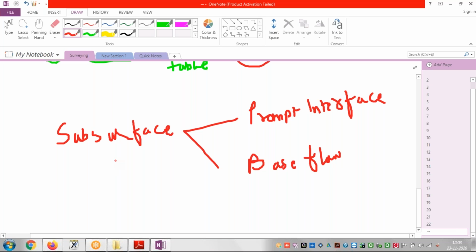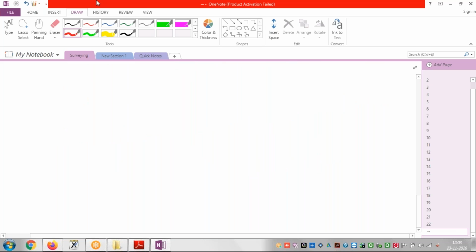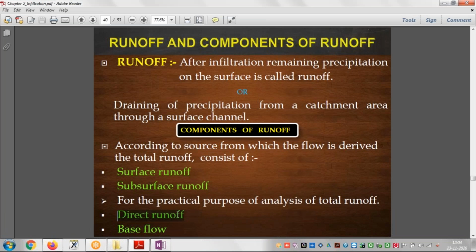Now, once it is clear, surface runoff and subsurface runoff, one more term is there, and that is called direct runoff. Here you will see this direct runoff, and this is the base flow. Now, what is direct runoff?